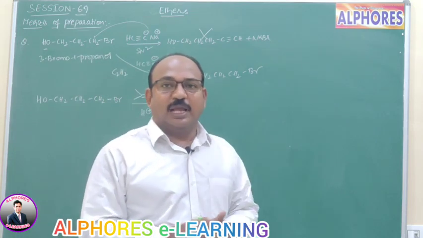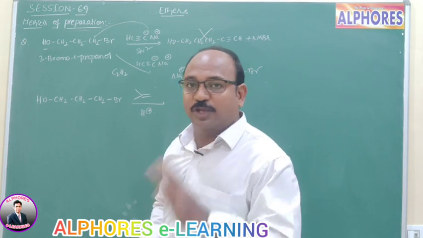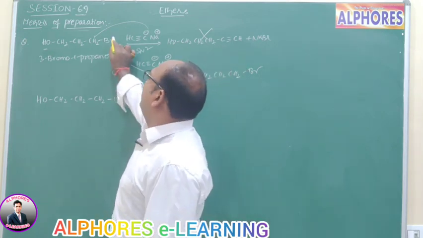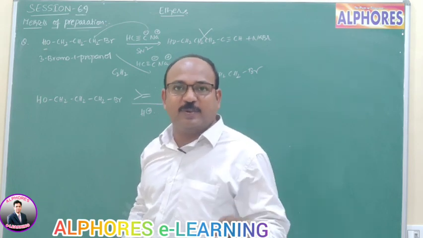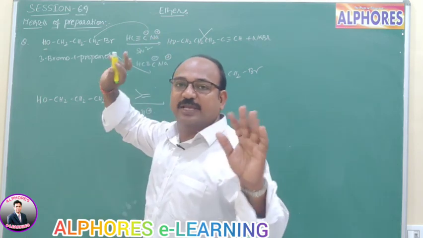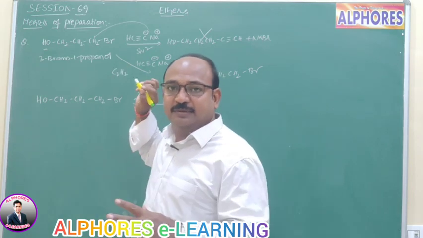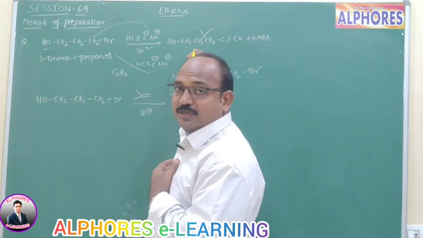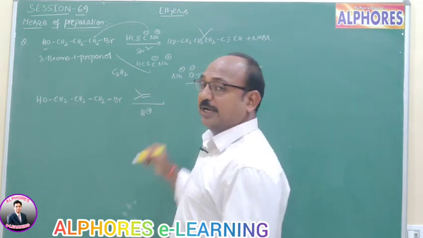Actually, I want to protect that OH group, so that only Br participates in the reaction, meaning Br minus is displaced by the monosodium acetylide. When I try to perform that reaction directly, I expect this product, but I am not getting it. Instead, we are getting this other product.